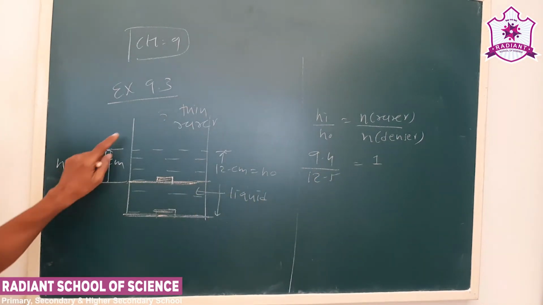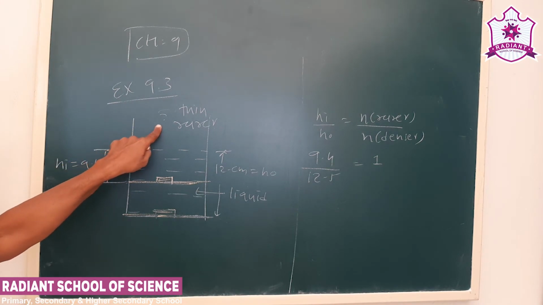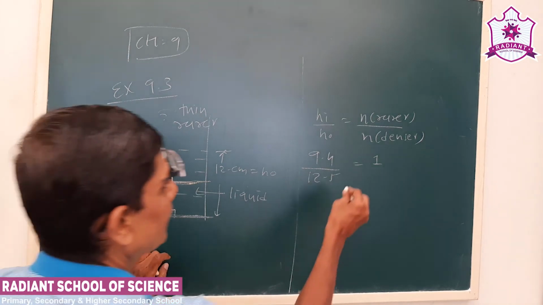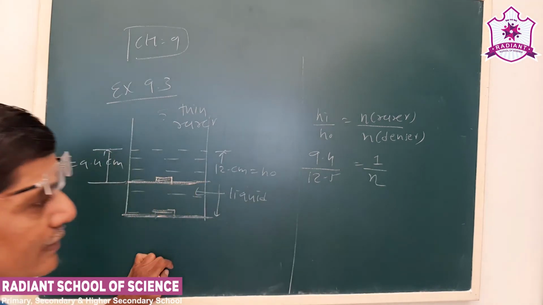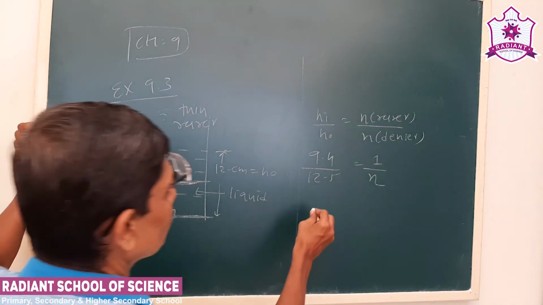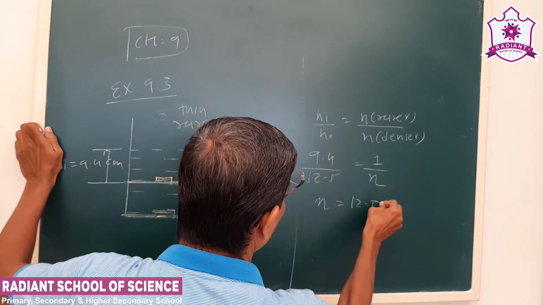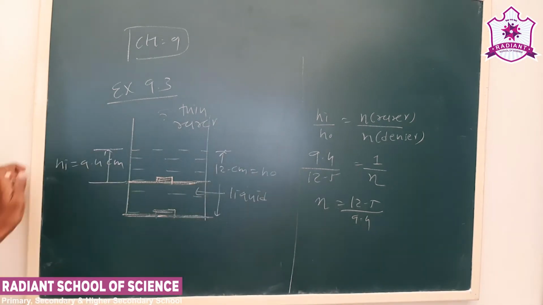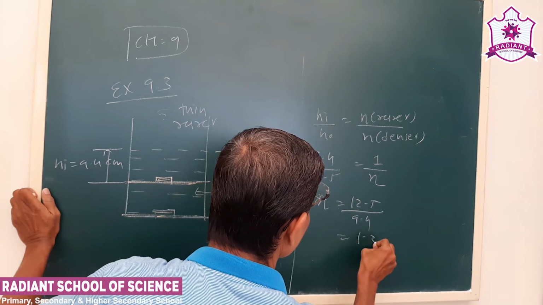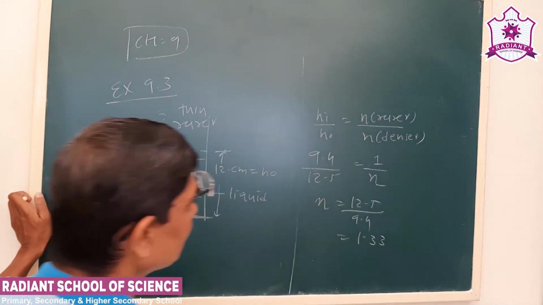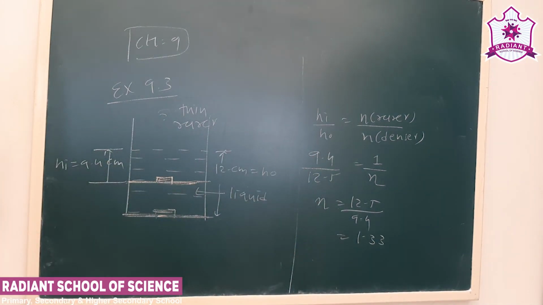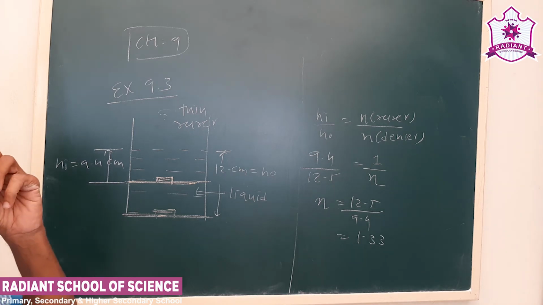See, the observer is in the rarer medium, that is 1, and the denser medium refractive index is, let us say, n. So n we can obtain is 12.5 upon 9.4. Okay, that turns out to be 1.33. Now this is the refractive index of the liquid. This is part A of the question.